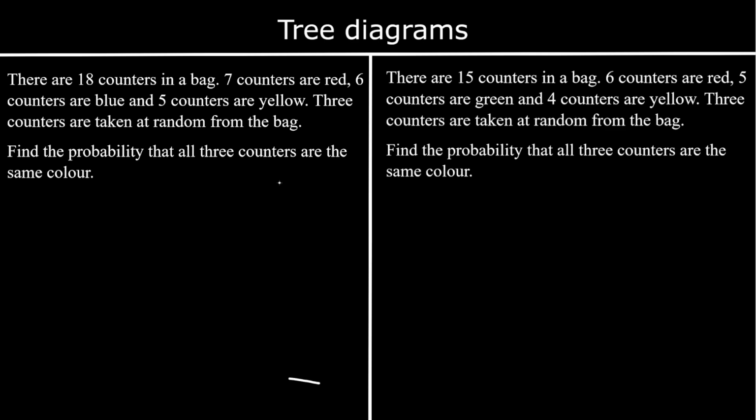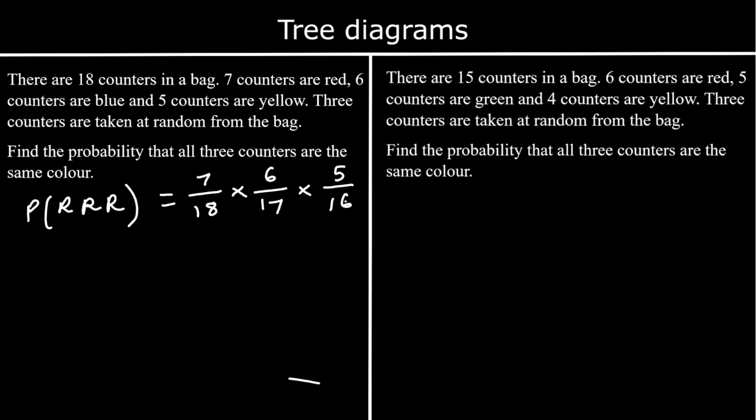So the probability of getting red, then red, then red. So a red the first time, there are 7 out of 18. The second time, if we took a red out, it would be 6 out of 17. And the third one will be 5 out of 16. And we can do the same for 3 blues.